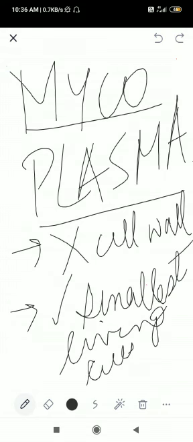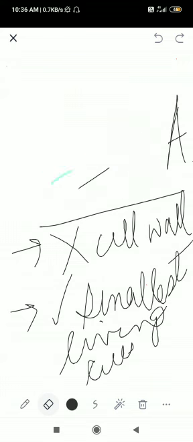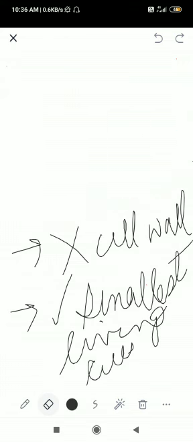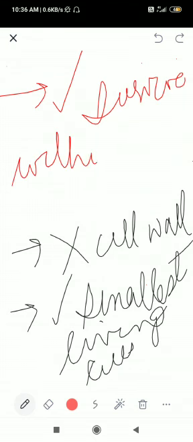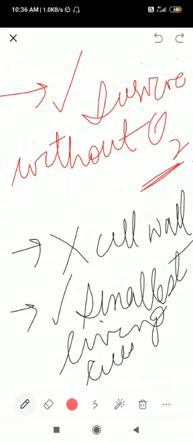And the third point is they can survive without oxygen. Very important. So these 3 points are very important, and they cause many diseases in animals and plants.